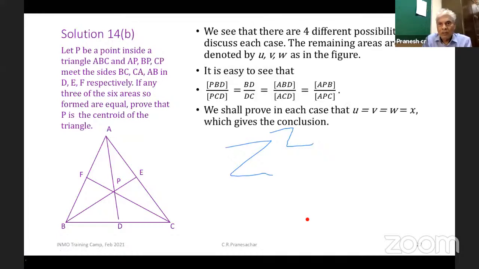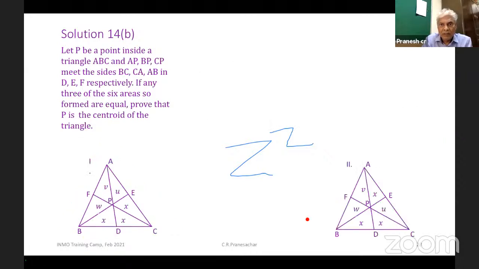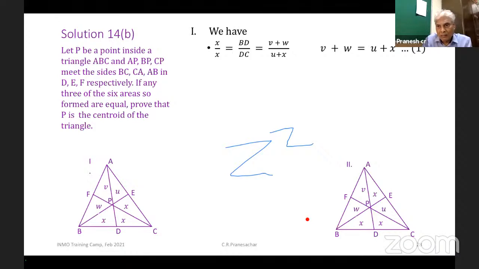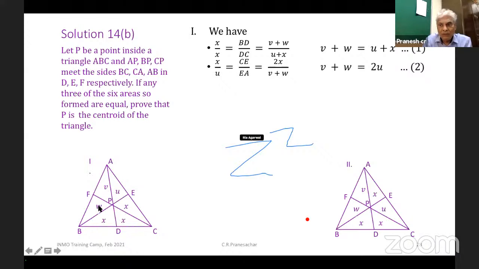So we shall prove in each case that U equals V equals W, which gives us the conclusion. Now, for the first part, X by X equals (V plus W) by (U plus X), and X by U equals (X plus X) by (V plus W), and for the third side, V by W equals (U plus X) by (X plus X).